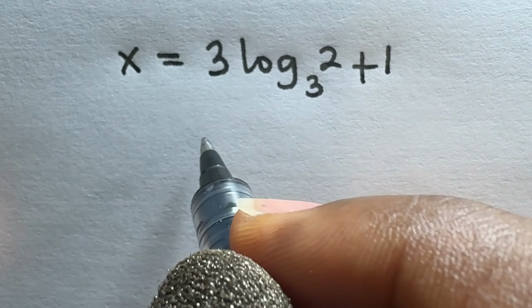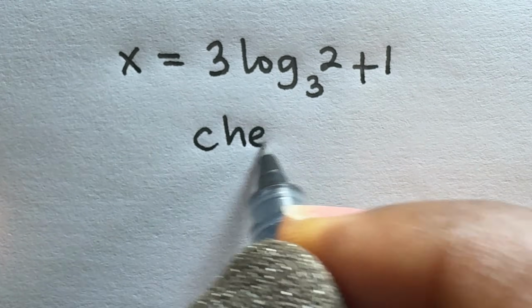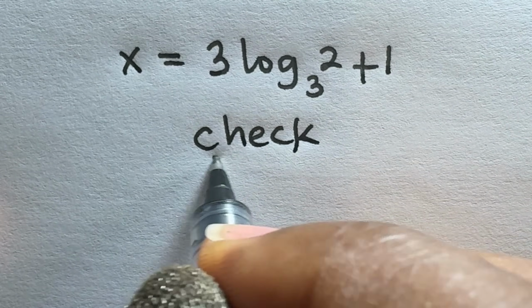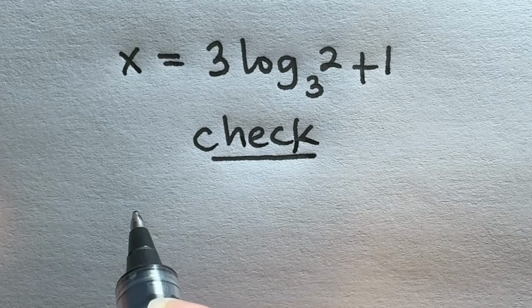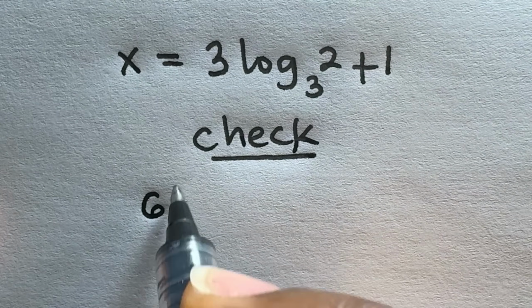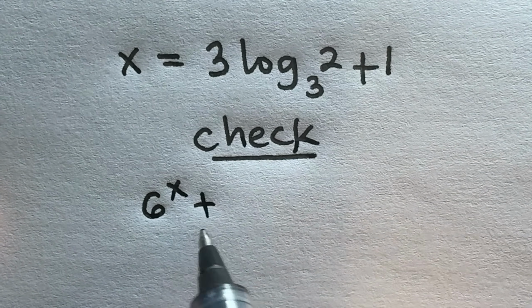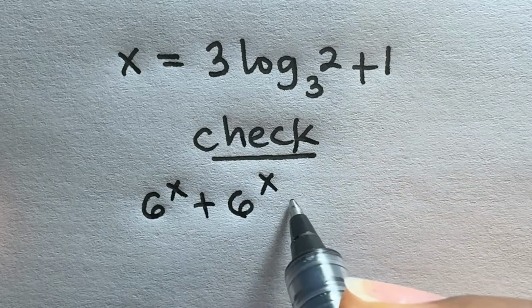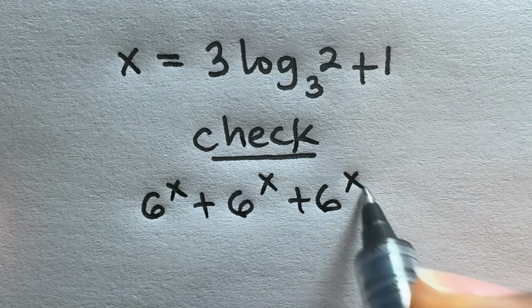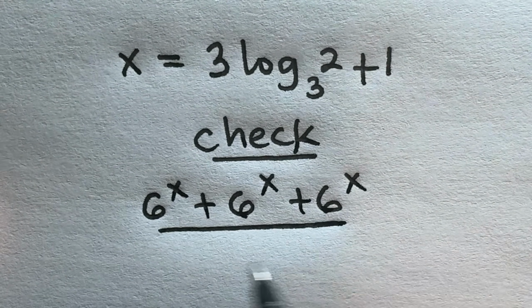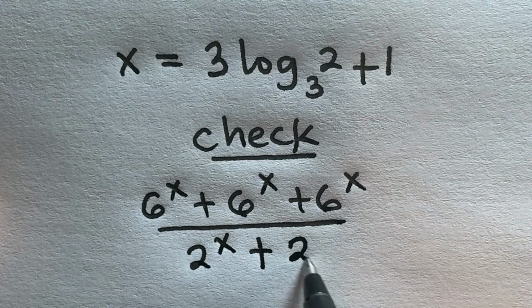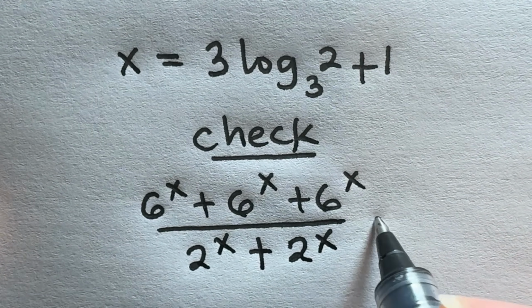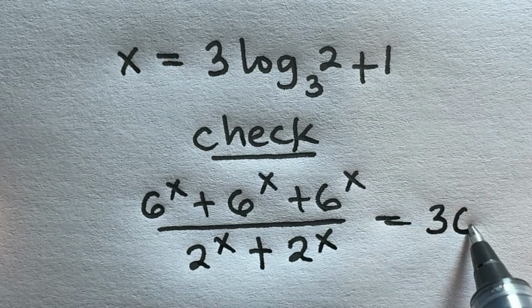Let us now check that this is correct. To check, we need to substitute this value into the given equation, which was 6 raised to power x plus 6 raised to power x divided by 2 raised to power x plus 2 raised to power x is equal to 36.